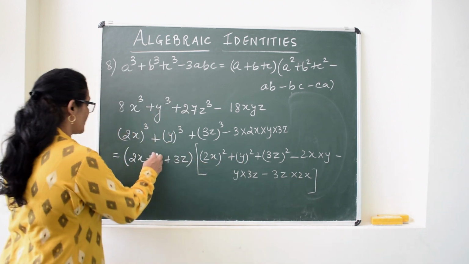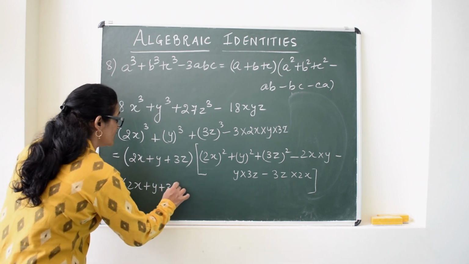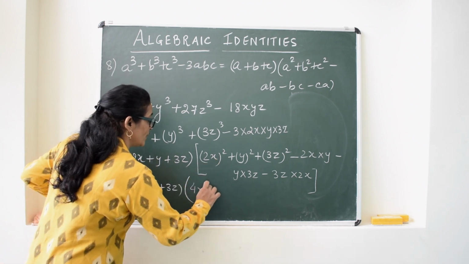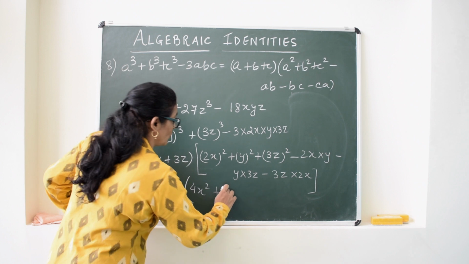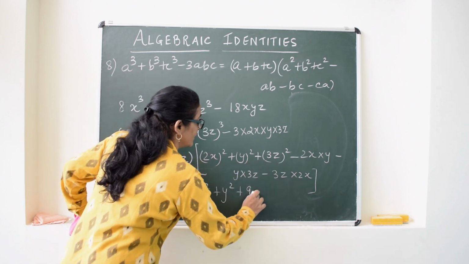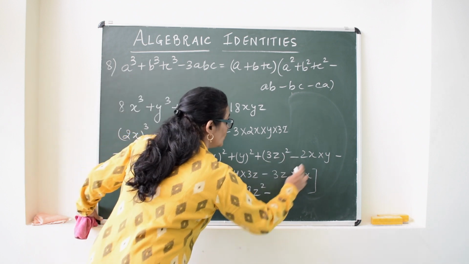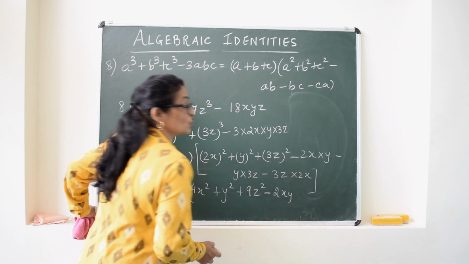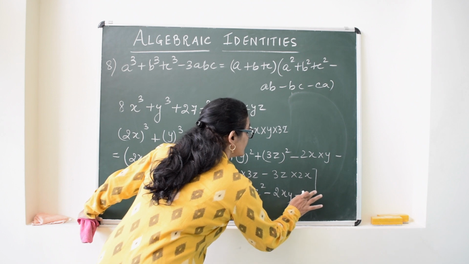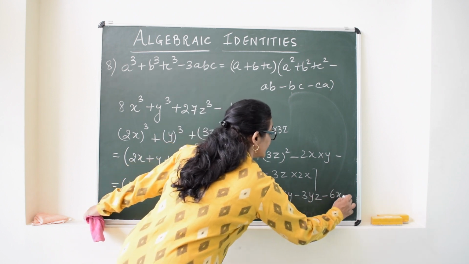So overall the factors will be 2x plus y plus 3z into 2x the whole square is 4x square plus y square plus 3 square is 9, so 9z square minus 2 into x into y is 2xy minus y into 3 is 3yz minus 6xz.